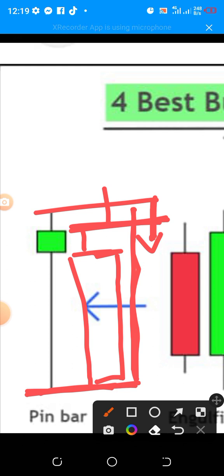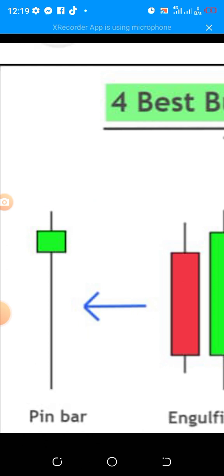When a pin bar is formed toward the end of a downtrend, that means the market is about to reverse. That is why we call them reversal candlestick patterns. That is very important to note. So we talked about a pin bar.